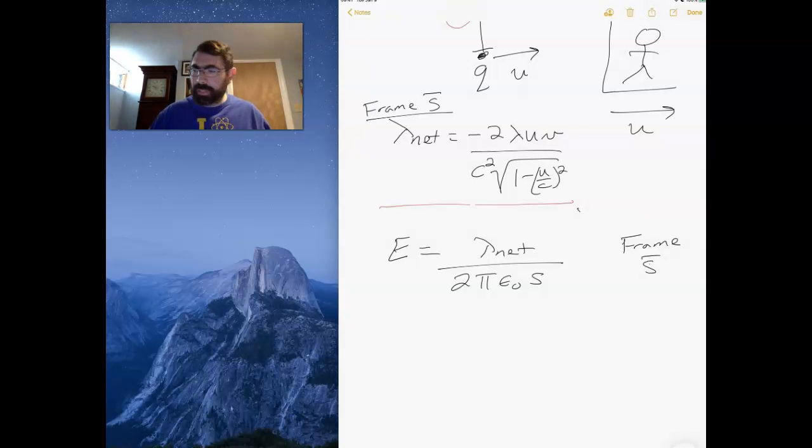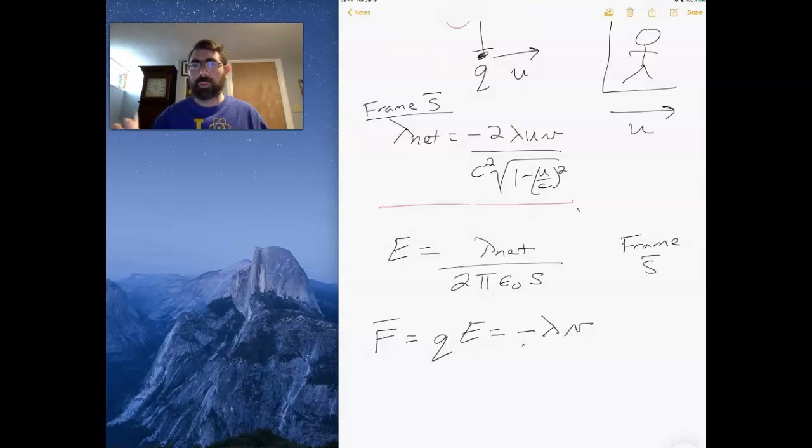That means the force in the bar system is the charge times the electric field, which in this case would be minus lambda v.